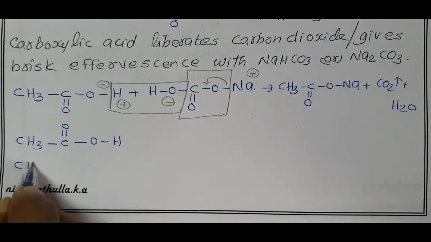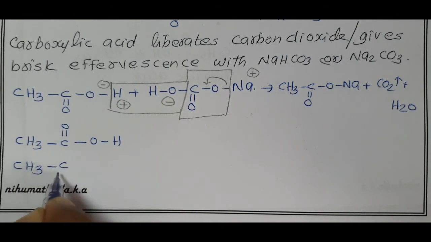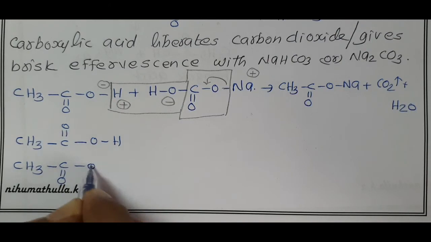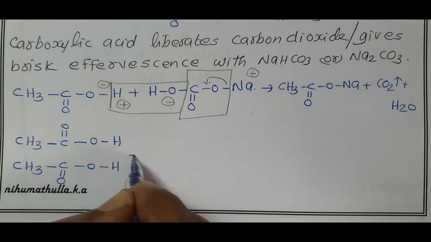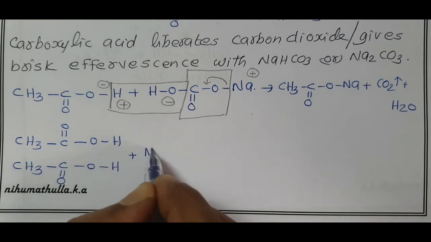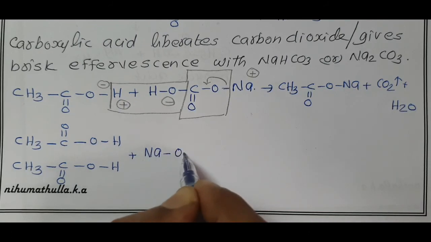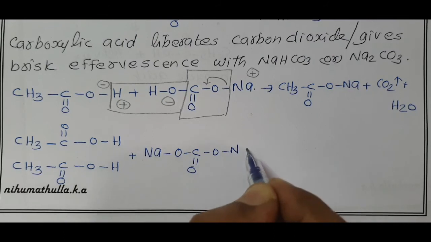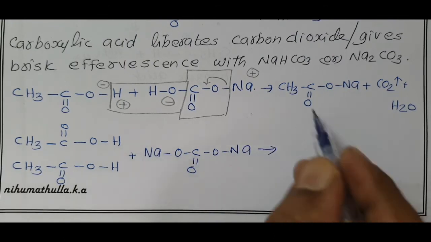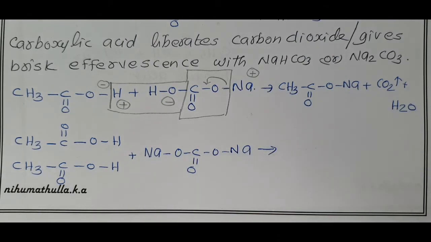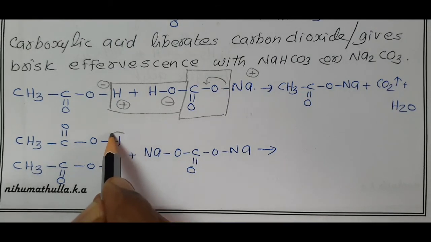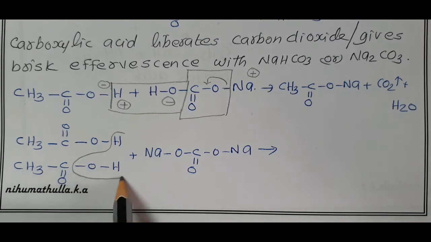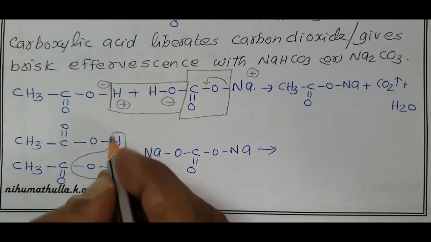Another molecule of acetic acid, CH3C=OOH, when treated with sodium carbonate, OC=OONa, gives the same products with the liberation of carbon dioxide. One H plus and OH minus removed as H2O.